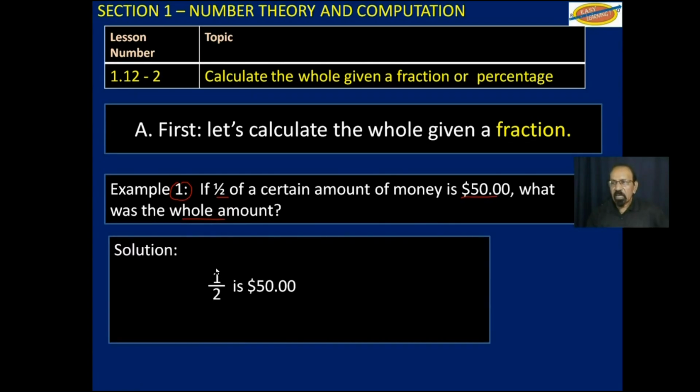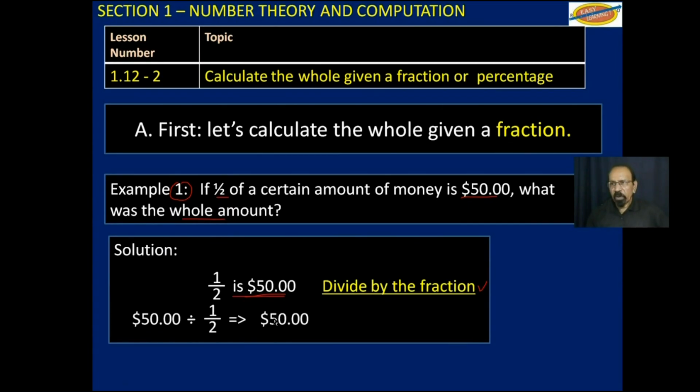So the solution: half is 50. We will divide that amount by the fraction. So we take $50, we divide it by half, which means we are going to take that 50 and multiply by the inverse of this, which would be 2/1, which gives us $100.